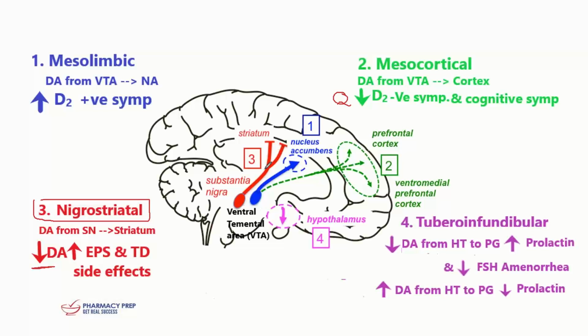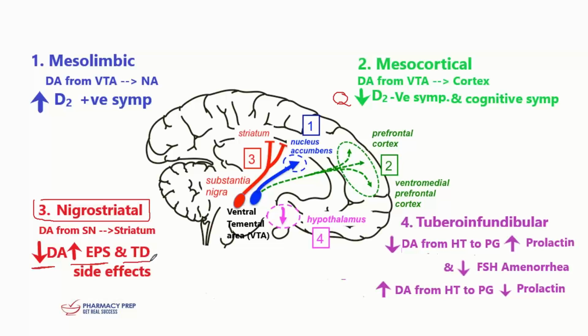Among those side effects, the commonly seen side effect associated with dopamine deficiency in the substantia nigra is called EPS. EPS means extrapyramidal symptoms, which is a group of symptoms associated with the deficiency of dopamine in this pathway.